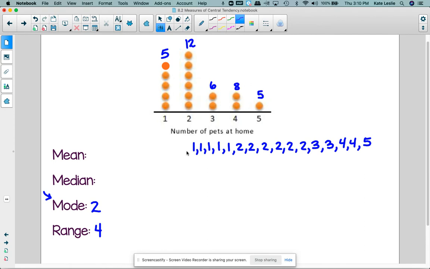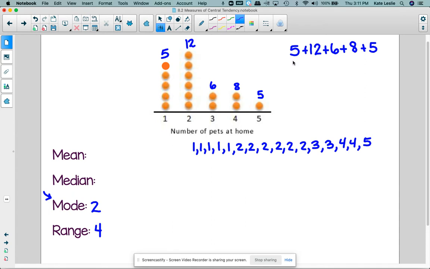Okay, so instead of having to add all of these numbers together, now I only have 5 numbers to add together. And you can probably do this in your head. I'm going to add them off to the side here. So 5 plus 12 plus 6 plus 8 plus 5. And then this is where we can kind of chunk things together, if you will.